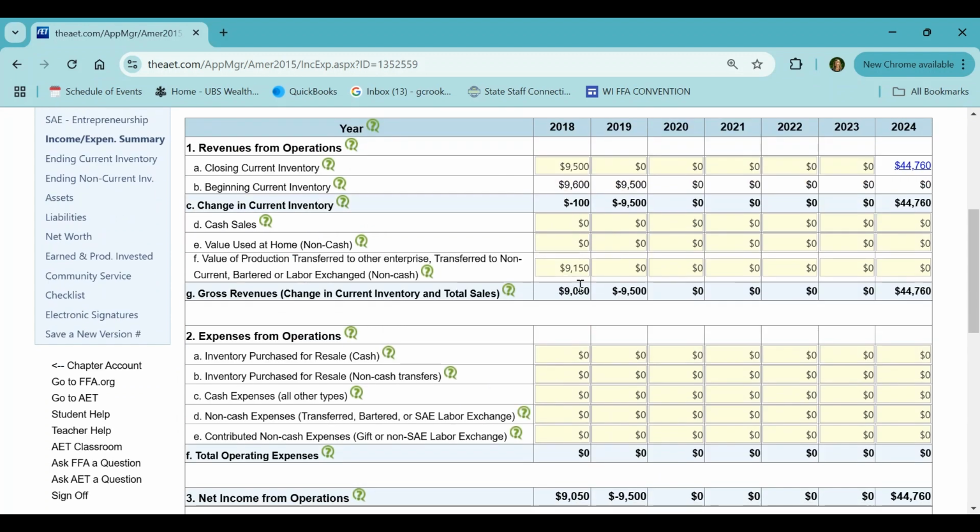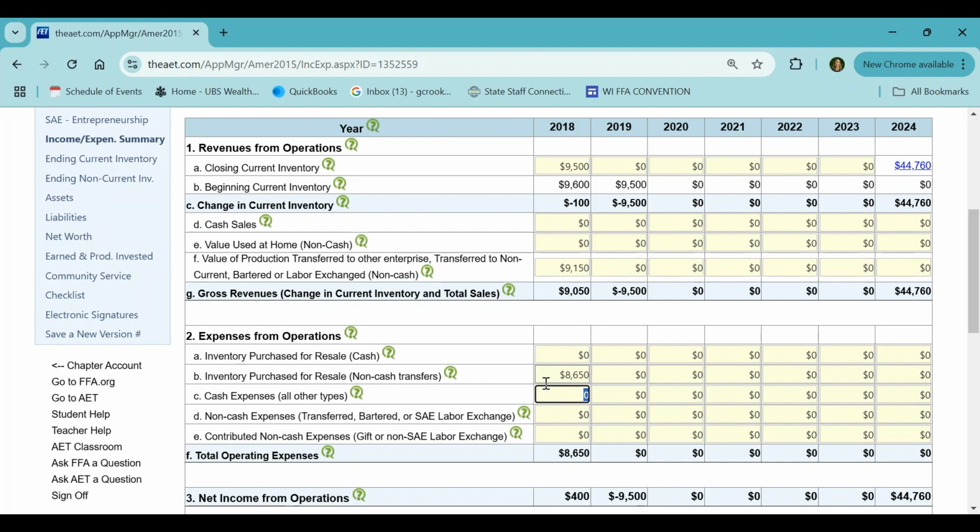So for this situation, we have $8,650 here that this person claimed in 2B, which is inventory purchased for resale.